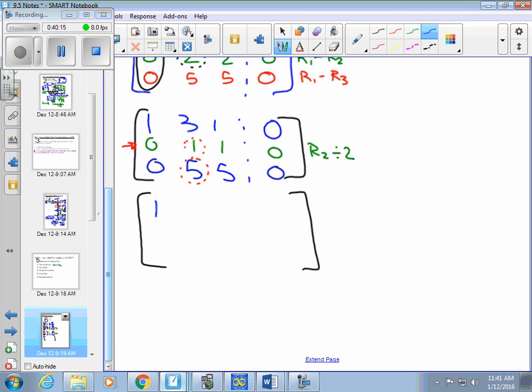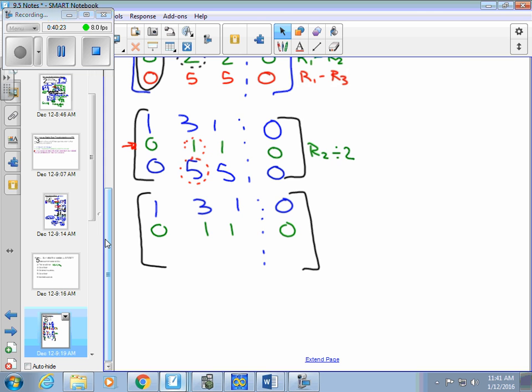I keep my 1, my 3, my 1, and my top stays the same. My green equation is going to stay the same. We're looking to change the bottom equation.